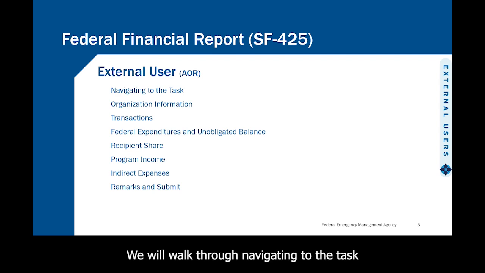We will walk through navigating to the task and how to complete the following sections: Organization Information, Transactions, Federal Expenditures and Unobligated Balance, Recipient Share, Program Income, Indirect Expenses, and Remarks and Submit.